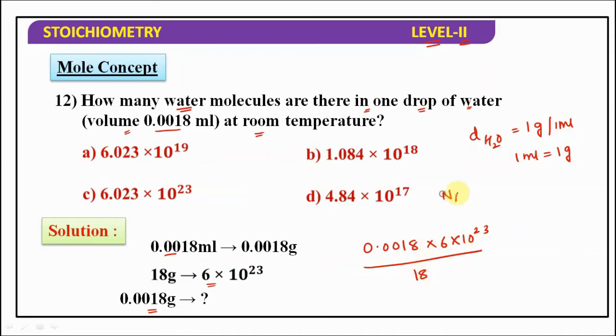Children, Avogadro number value is 6.022 into 10 to the power of 23. But for numerical purposes, for simplification, you can take it as 6 into 10 to the power of 23 instead of 6.022. That depends on the numerical. If you solve it, you will get the answer 6.023 into 10 to the power of 19. So option A is the correct answer, right?